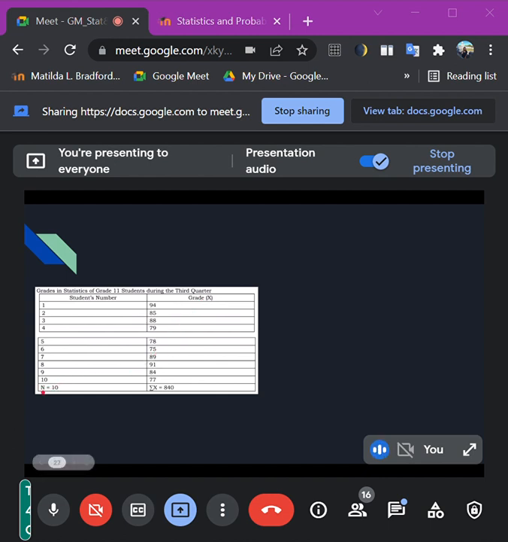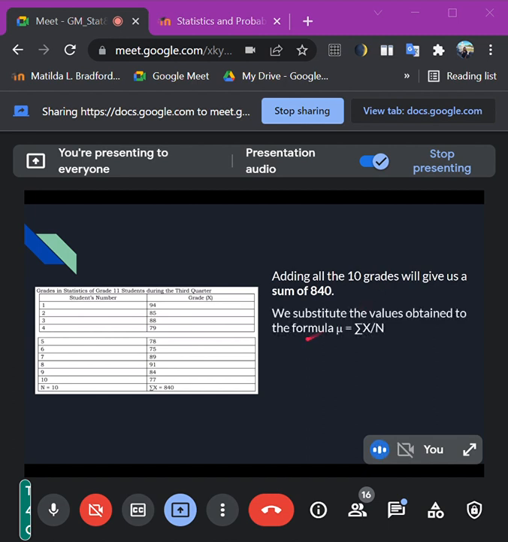To get our N, this is not the population but this one. The population is N, so N is equal to 10, because there are 10 students. And then you have your X, which we added, the summation of which is 840. So 94 plus 85 until 77 is 840.